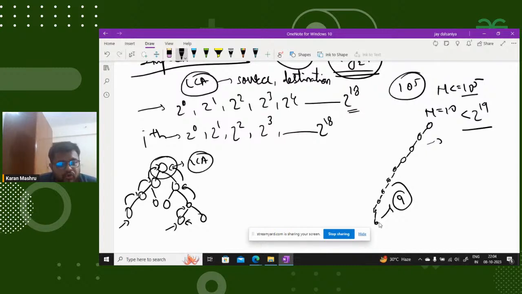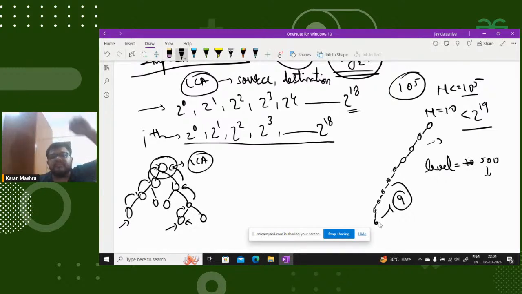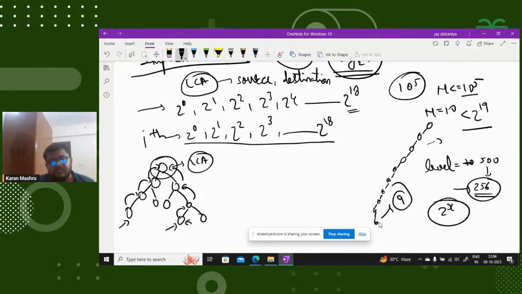If I store only the nodes which are at a 2 to the power something level, I can take larger steps, right? So let's say I am at level 1000, or let's say level 500. I can directly go to a parent which is 256 steps above. This is a 2 to the power x type number, right?